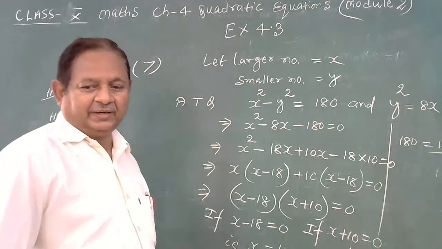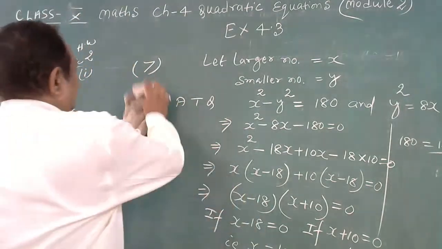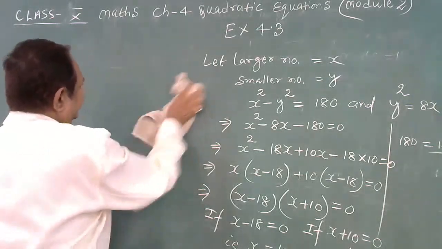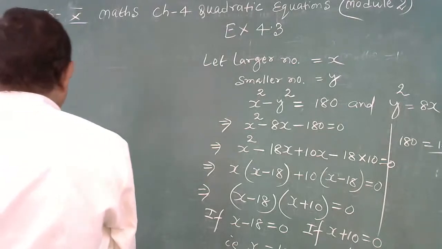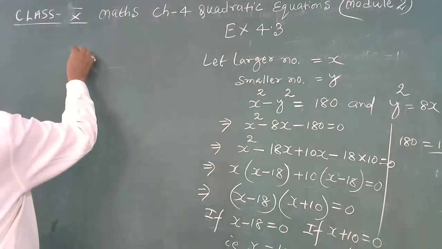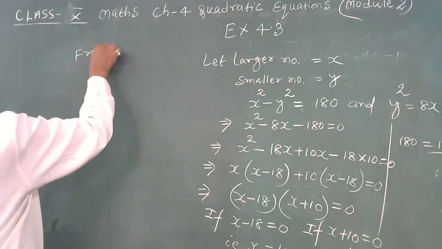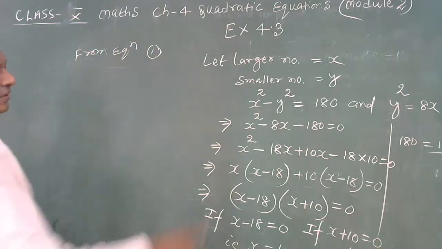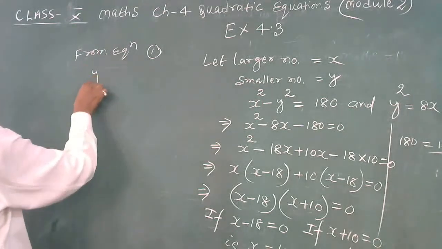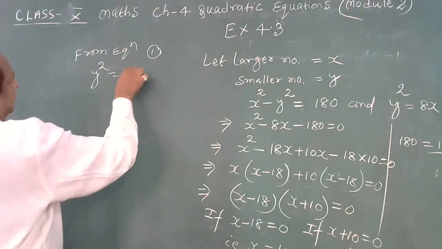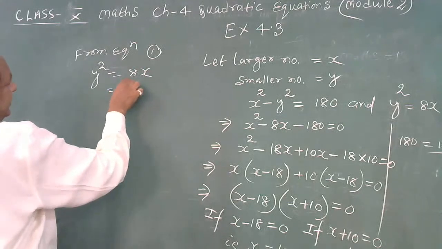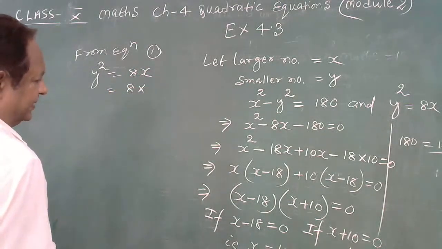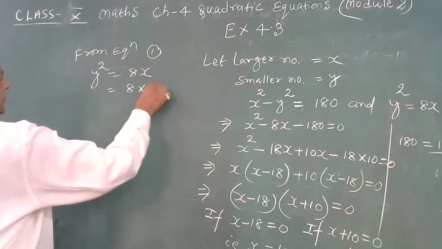From equation 1, y square is equal to 8x. And this can be written as 8 into, in place of x, that is 18.